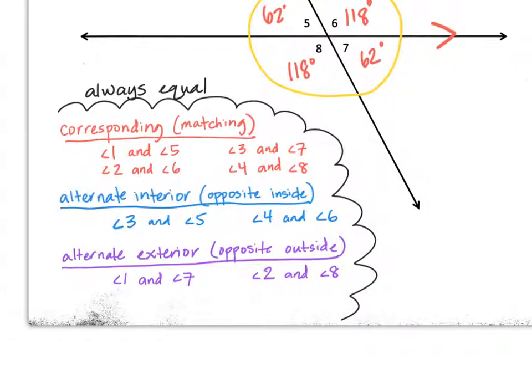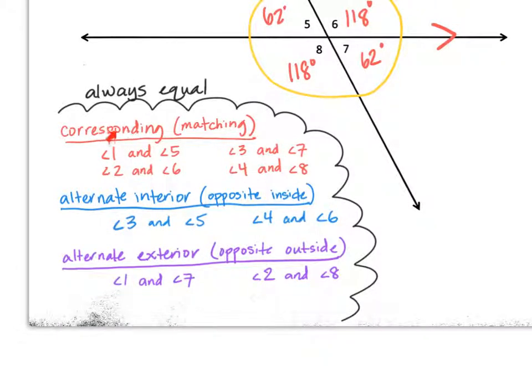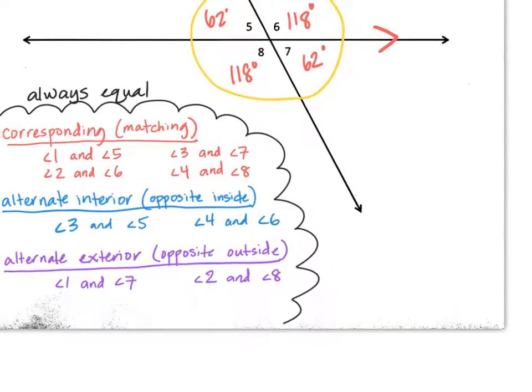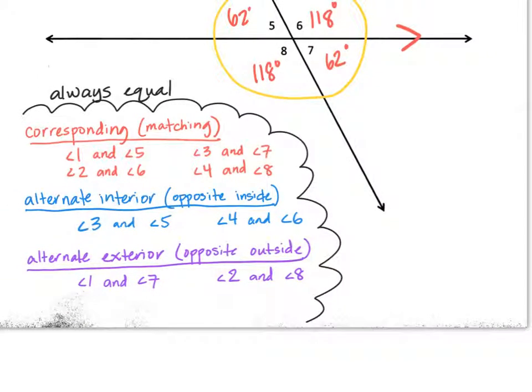All pairs of corresponding angles are equal, all pairs of alternate interior angles are equal, and all pairs of alternate exterior angles are equal. The ones that aren't equal, I'm going to write off to the right side, are what we call same side interior.